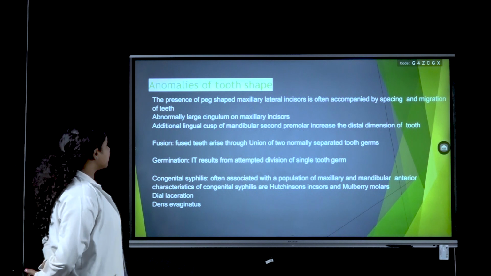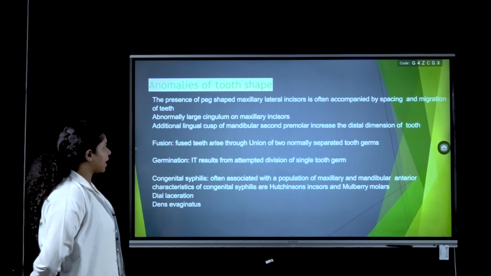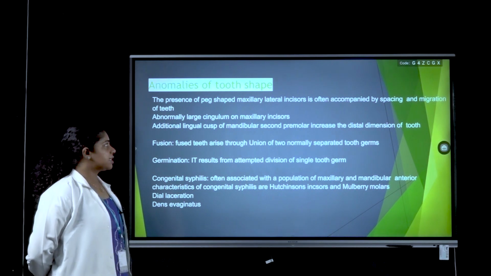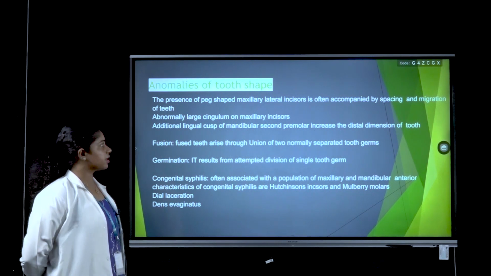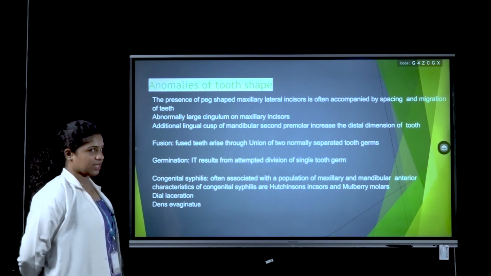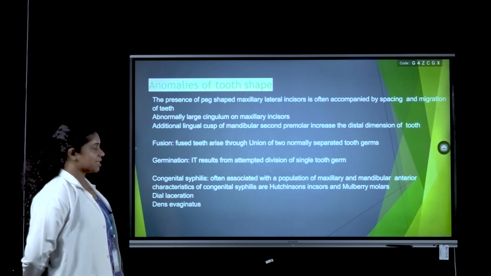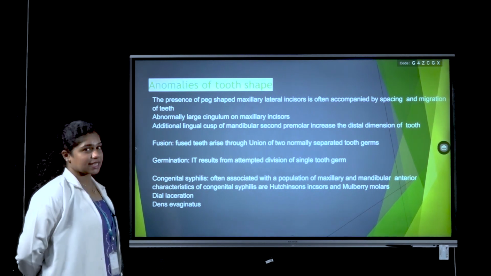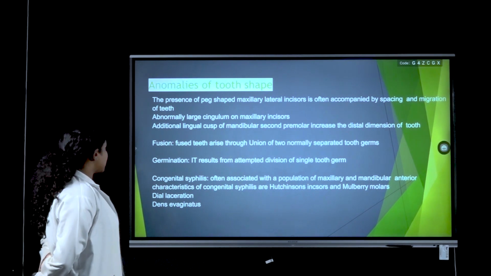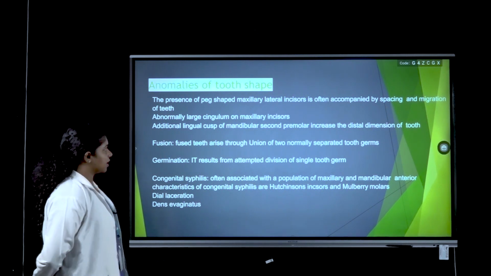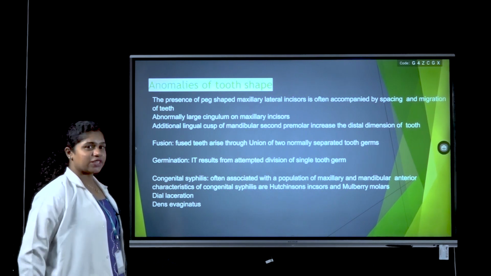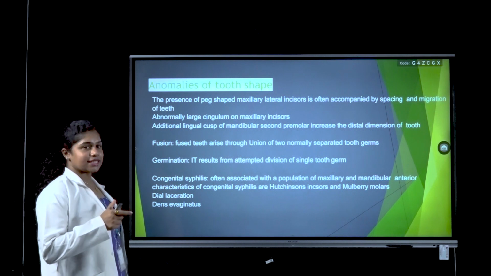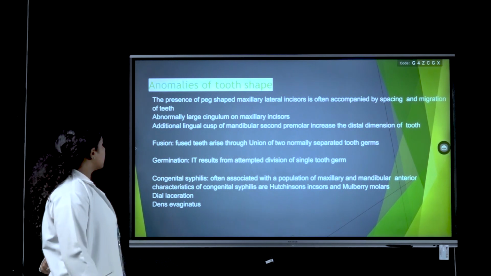Anomalies in teeth shape. The presence of peg-shaped maxillary lateral incisors is most often also associated with spacing and migration of teeth. Abnormally large cingulum on maxillary incisors is also very common. Additional lingual cusp of maxillary second premolar, which increases the distal dimension of the teeth.